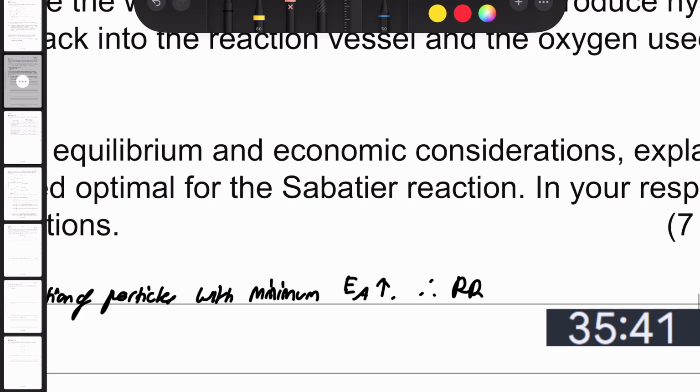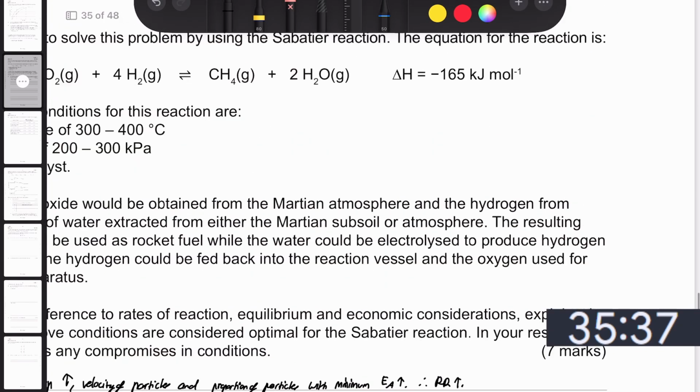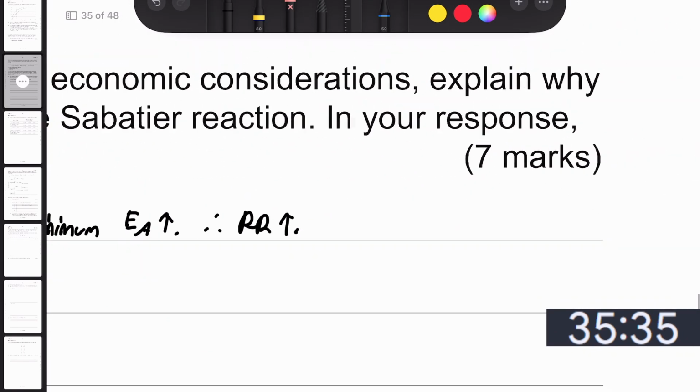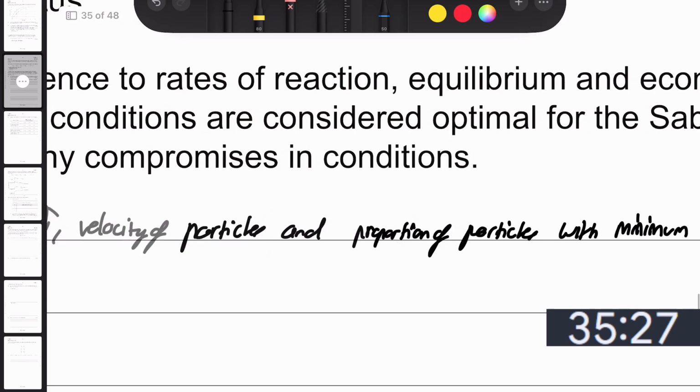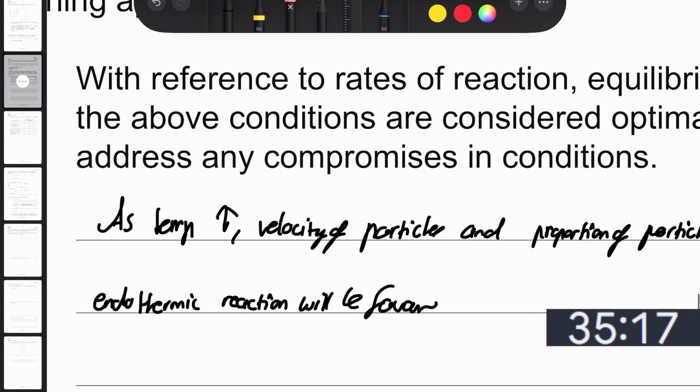Therefore, reaction rate will increase. However, this is exothermic. As temp increase by Le Chatelier's principle, endothermic reaction will be favored.